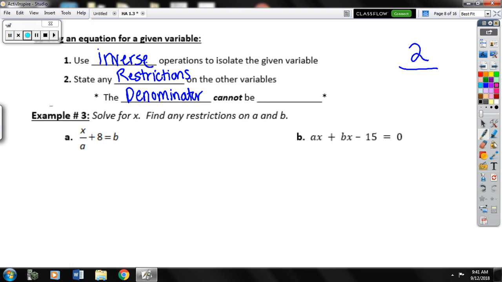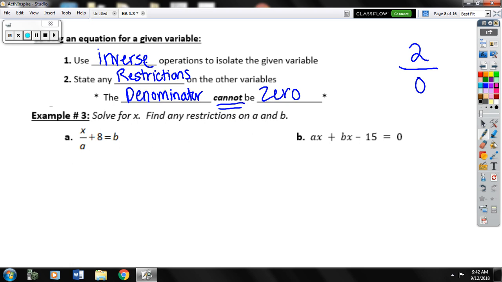Like 2 over what would be undefined? Mira? 0. Okay? So the denominator, the bottom of a fraction, can't be 0. So any variable that you have in the denominator, you have to tell me that it can't be 0. Okay? Because if it were 0, the function doesn't exist because it would have a hole in the graph because that's an undefined function.